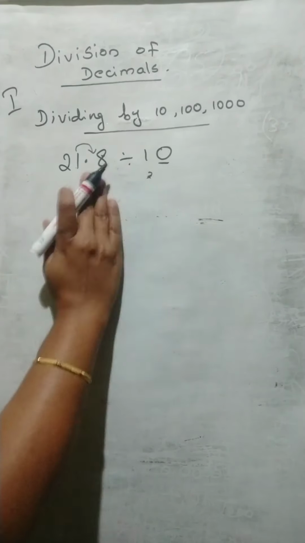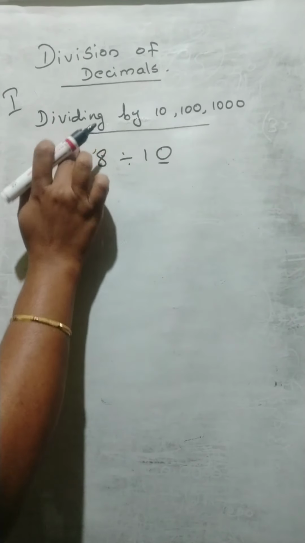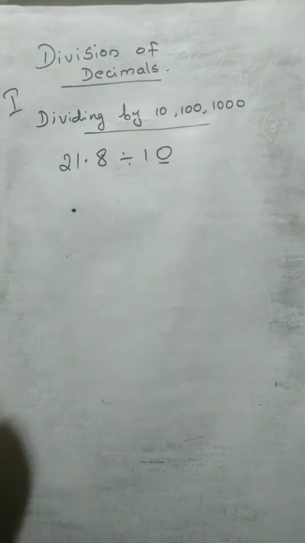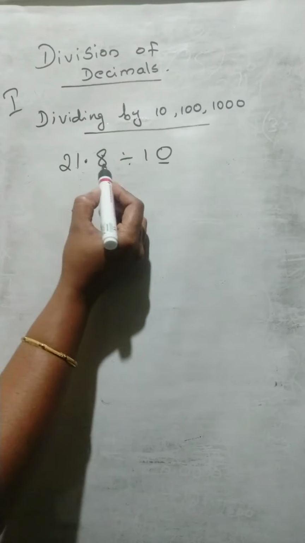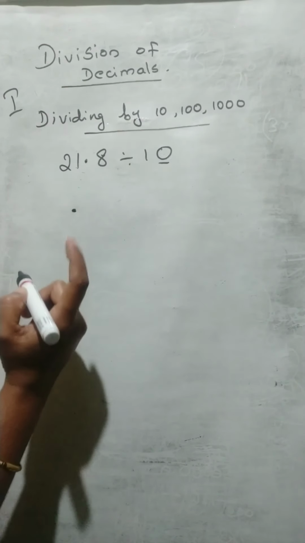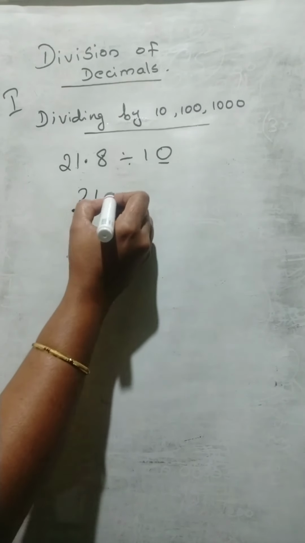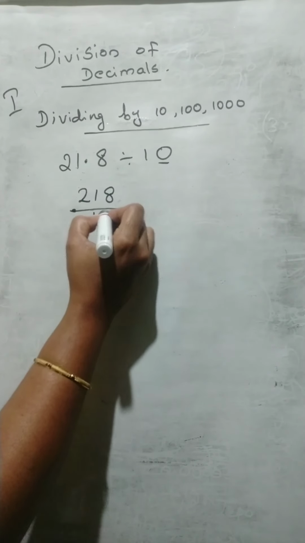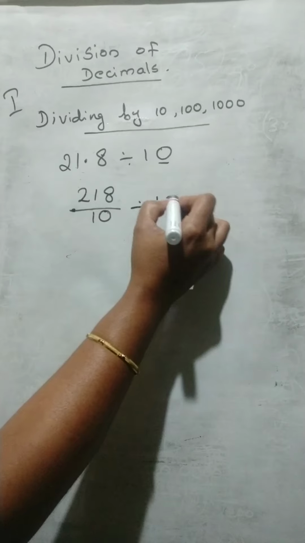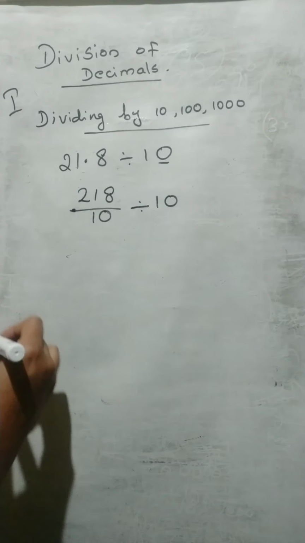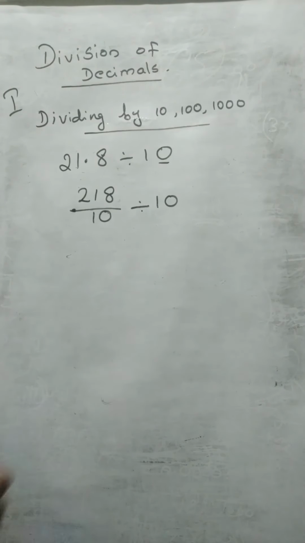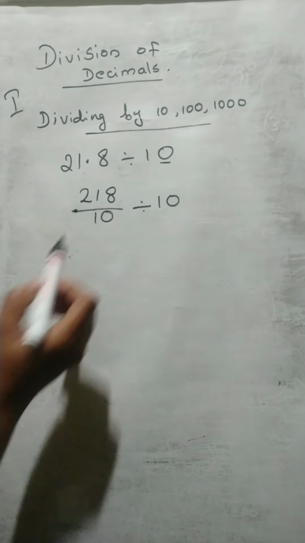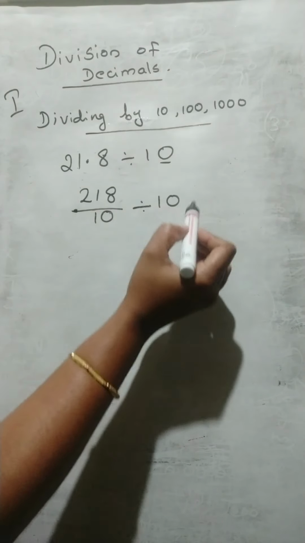So actually, which process is going on here? We know that 21.8 has 1 decimal digit. So we can write this in the form of a fraction as 218 on 10, divided by 10. Okay. So, how can we divide fractions? Here this is the dividend, this is the divisor.